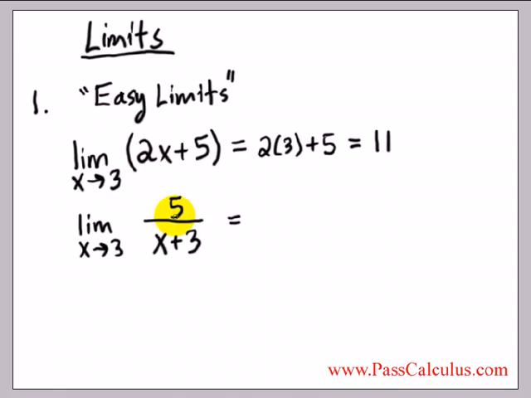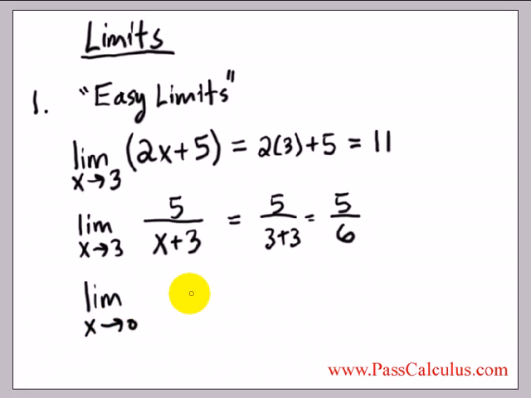But for easy limits, all you have to do is just put the number in. Notice when I put 3 in the bottom here, I get 6, right? And that's perfectly fine. So I just put the number in, and I get my answer right away. Now, these limits don't come up too much, do they? Because they're so easy. But they do come up sometimes.